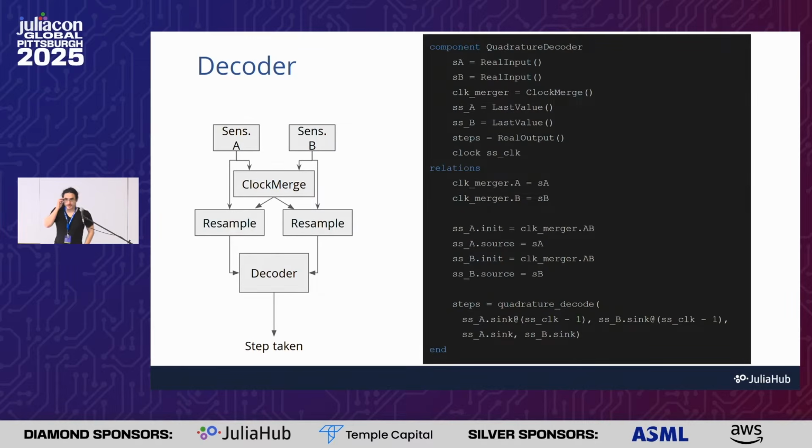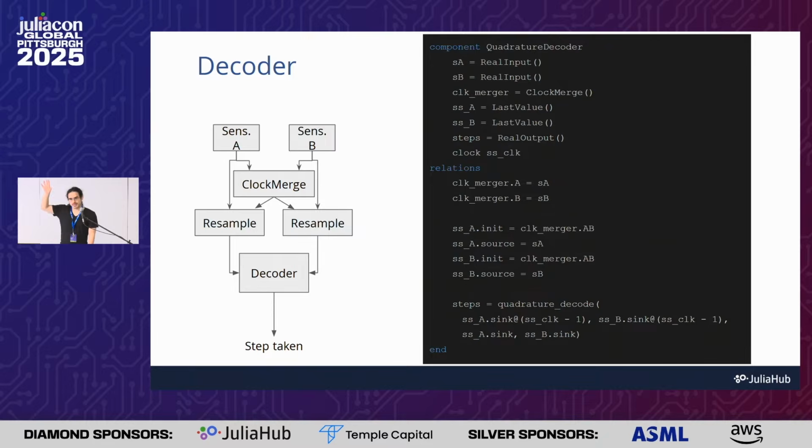The decoder is a little more interesting because we don't have a single clock that the decoder needs to run on. Instead, the decoder needs to run on the union of 2 clocks. It needs to run on both sensor signals that we're getting to create the decoded encoder output.